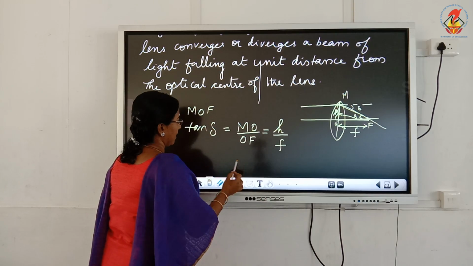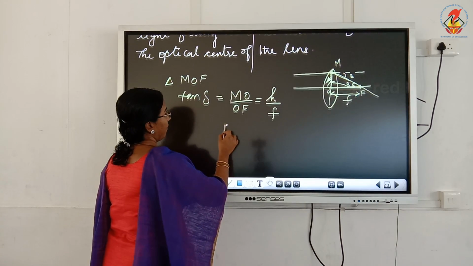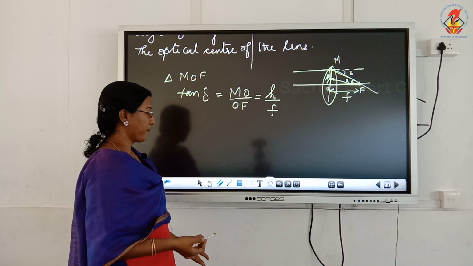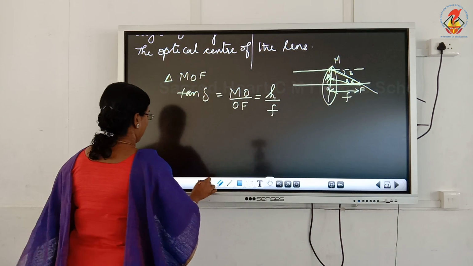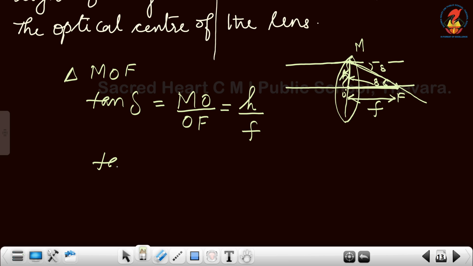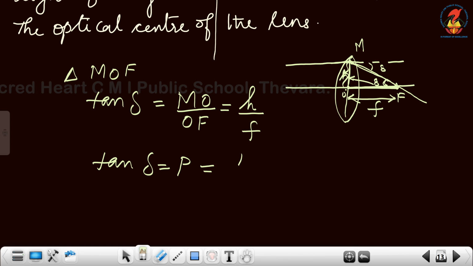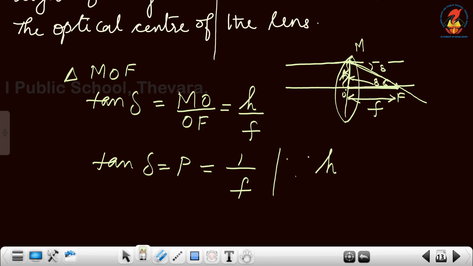So tan delta is h divided by f, but according to the definition the value of h is equal to 1. So tan delta, which is the power, is equal to 1 divided by f, since h is equal to 1, unit distance from the optical center.